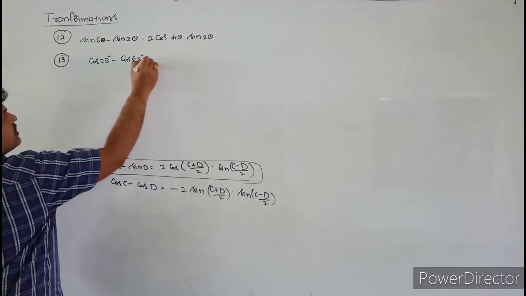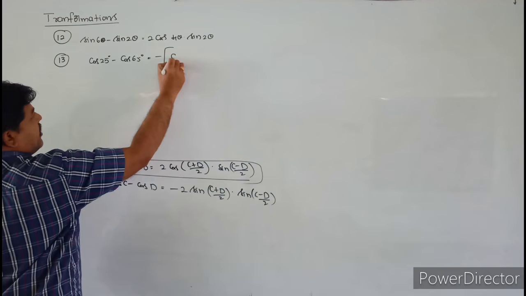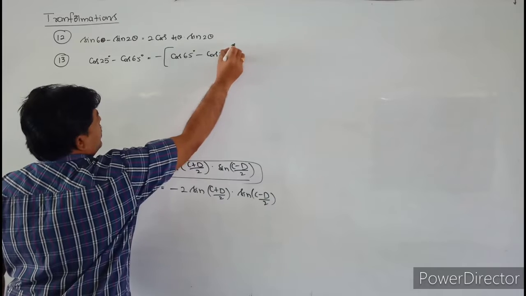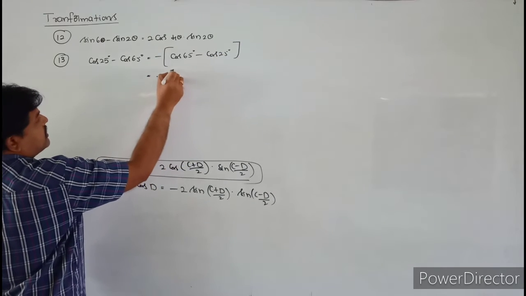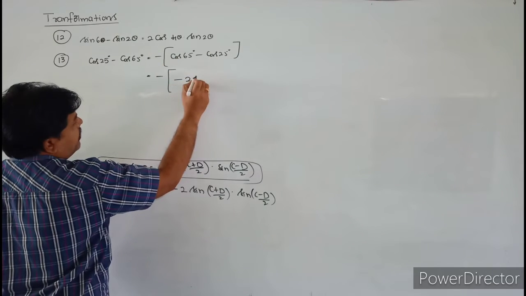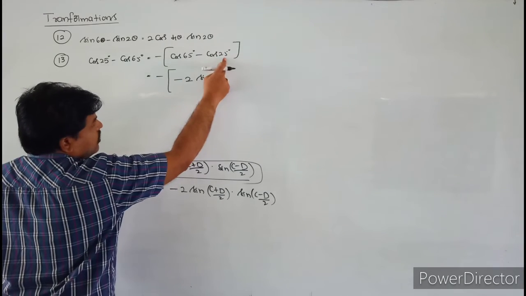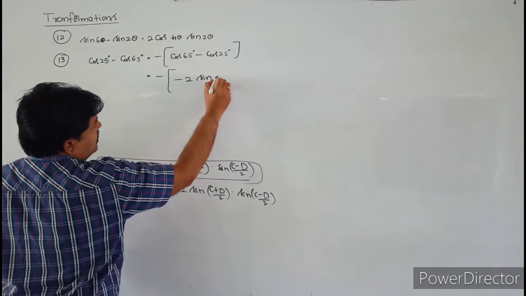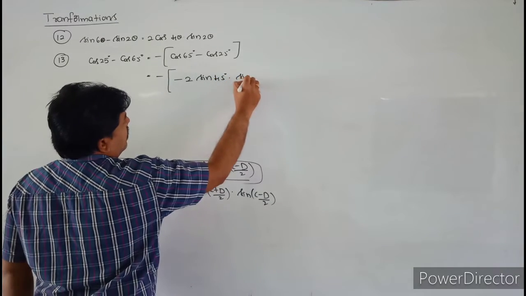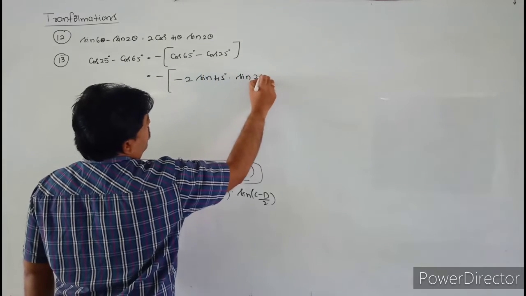First, I will take the minus common, for our convenience, because this is a big number. Then you can write it as minus of cos 65 minus cos 25 degrees. Using the formula, minus 2 into sin of (65 plus 25 is 90) by 2, which is 45 degrees, into sin of (65 minus 25 is 40) by 2, which is 20 degrees.